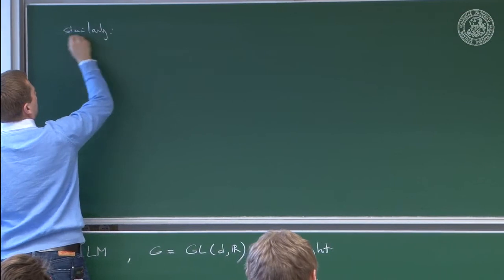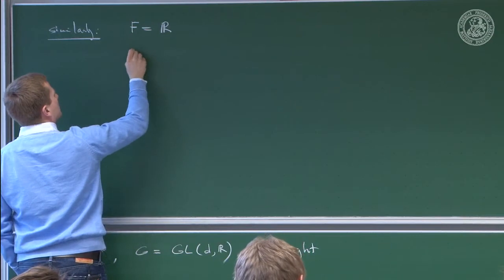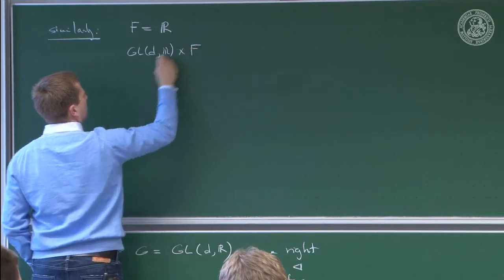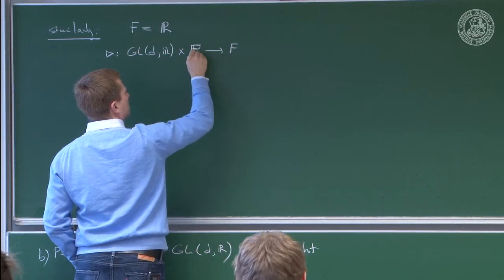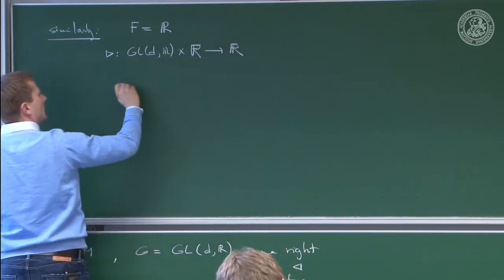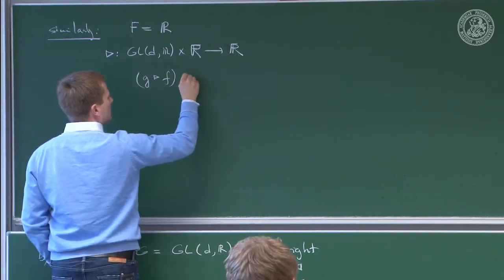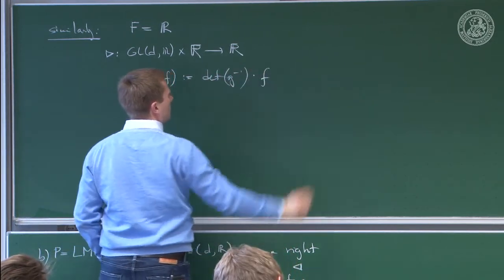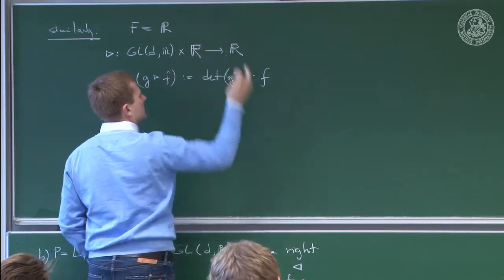So similarly, choosing F to be just R and the left action of GLD on F, which is R, defined as G left on F is simply defined as the determinant of G inverse acting on F times F, but now F is just the one component in here.